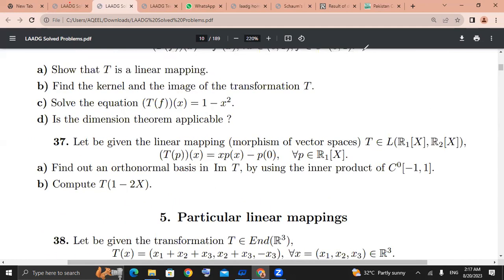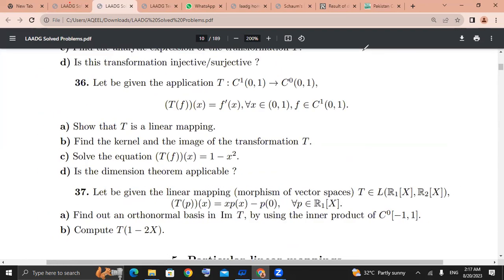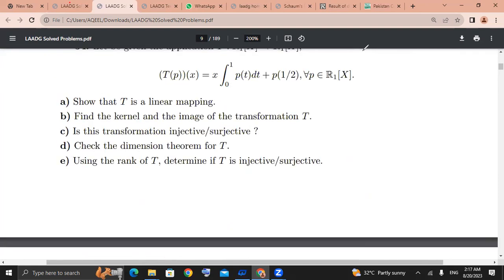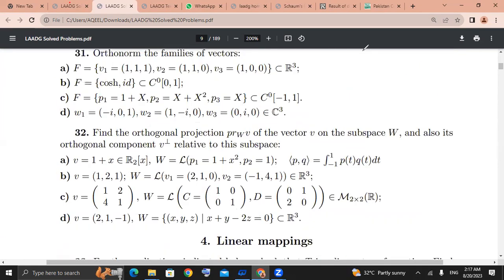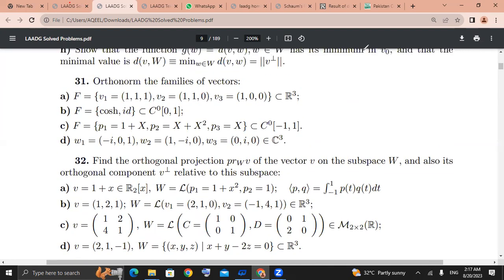It says to find an orthonormal basis. We have to find an orthonormal basis, but to start this, we need an idea of orthonormal basis. In this question 31, look here. This clears our idea, as this question is about the orthonormal basis. How can we make the orthonormal basis?